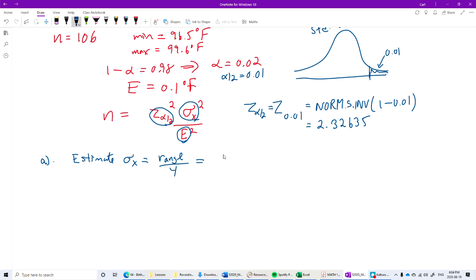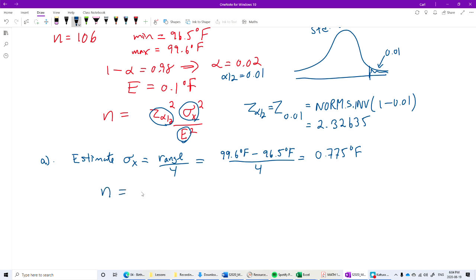So here the range is 99.6 minus 96.5. If all of the data is within 4 sigmas, then that should be a rough estimate. So 3.1 divided by 4, I get 0.775 degrees F. So now I can do my calculation for n.